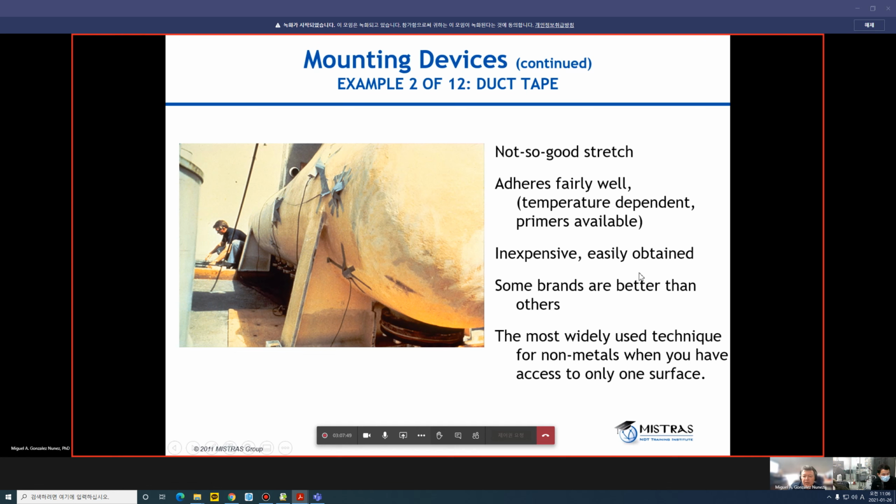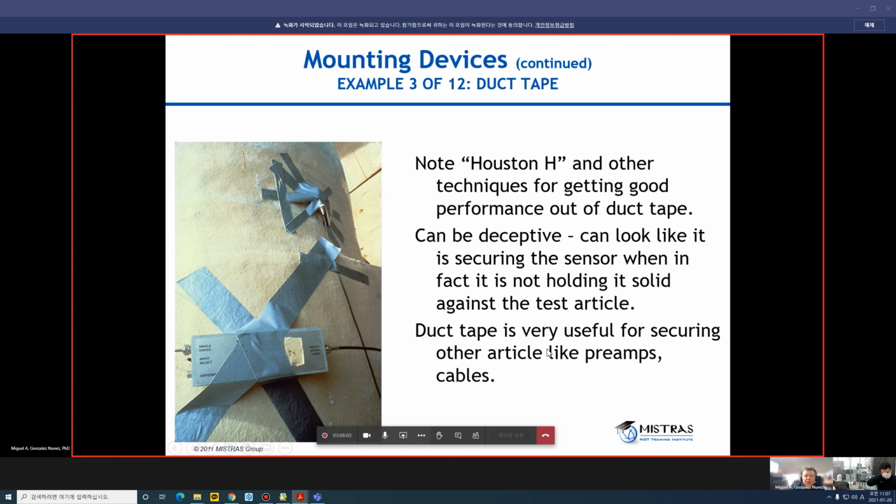It is not expensive, it's easily obtained, and you will find that some brands are better than others. This is the most widely used for non-metals when you have access to only one surface. So you can see the way to use it here. This is for holding down the sensor with previously applied silicone grease between the sensor and the structure. But when you have external preamplifiers used with the sensors, these are used to hold the preamplifier.